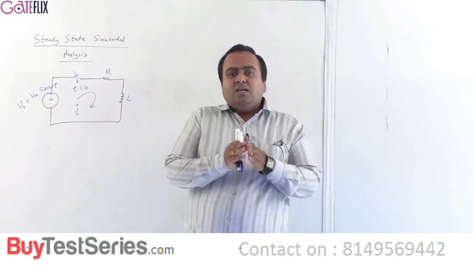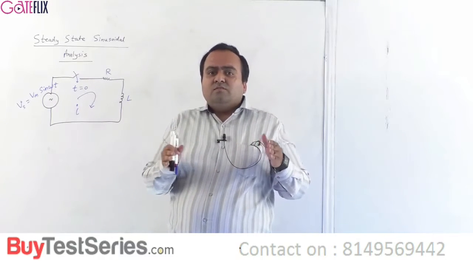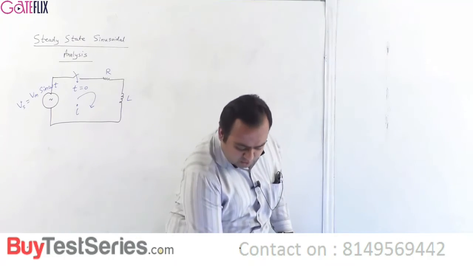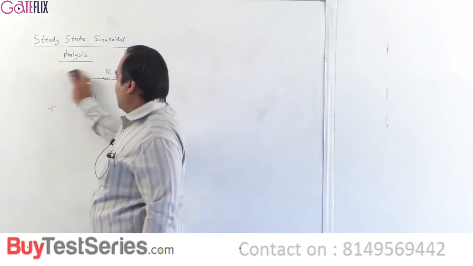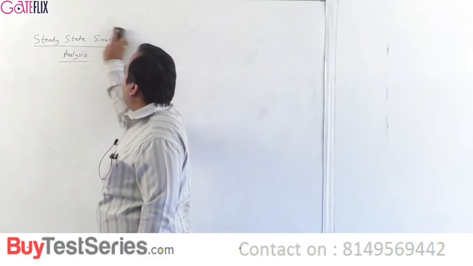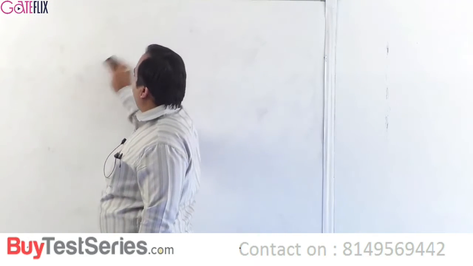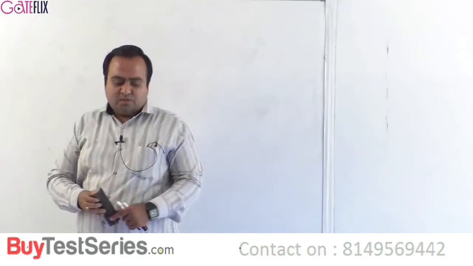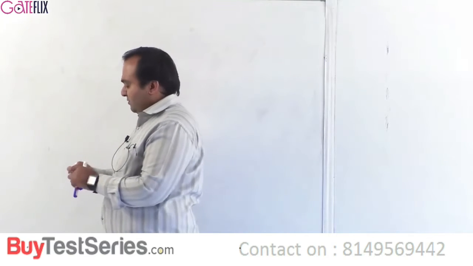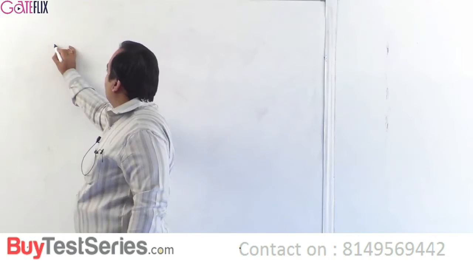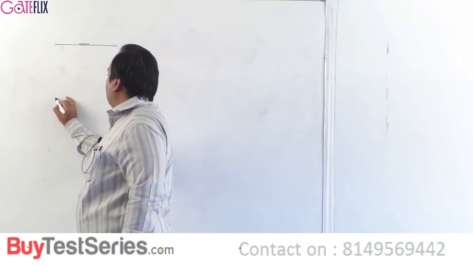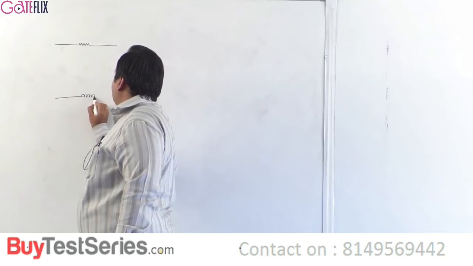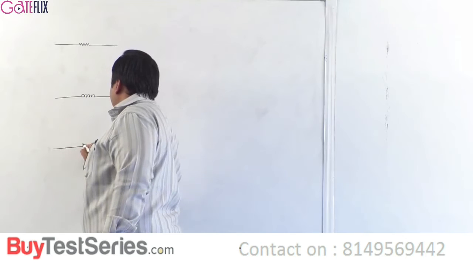Alright, so let us first go through some of the basics which we must know before starting the numerical problems. Now what are the basics? We have to first get familiar with the circuit elements which shall be there. We shall come across mainly these three circuit elements.